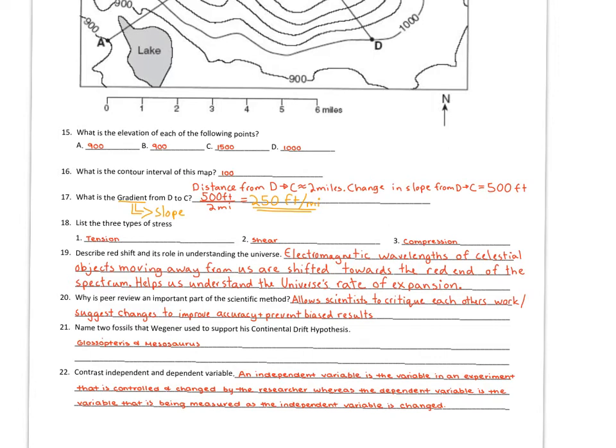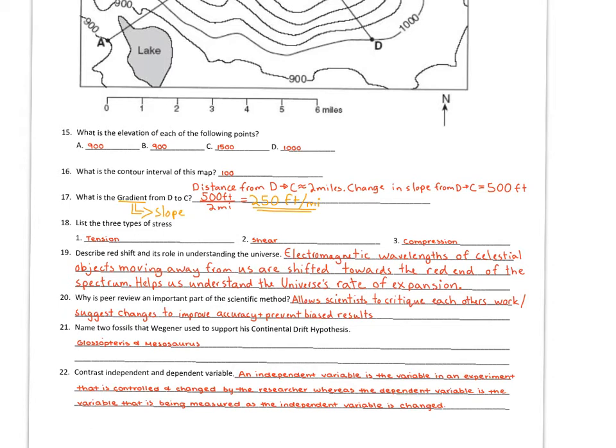Next, gradient's a pretty big deal. You remember in math that change in y over change in x, or change in elevation over change in distance for earth science. Good. It asks for the gradient from D to C, and you actually just saw the math a second ago that the difference between D and C is 500 feet.